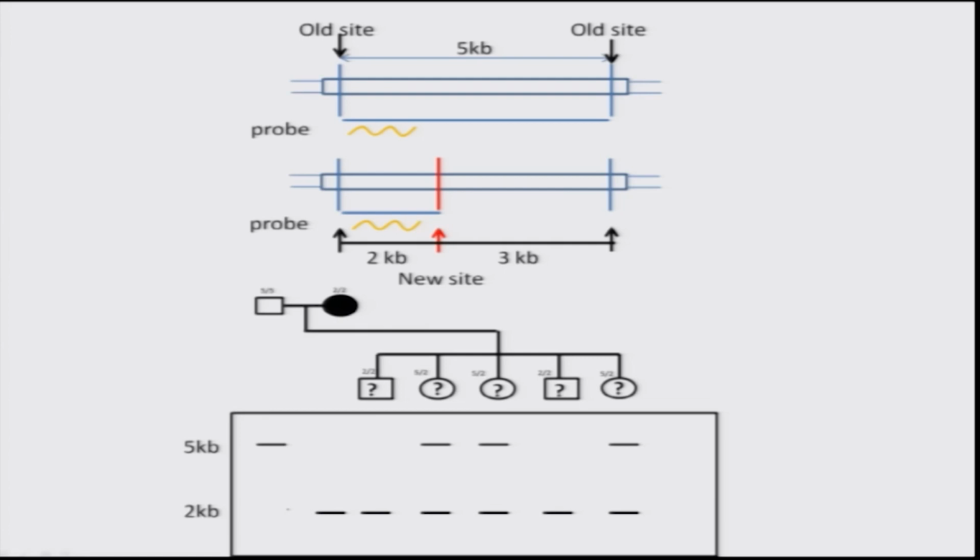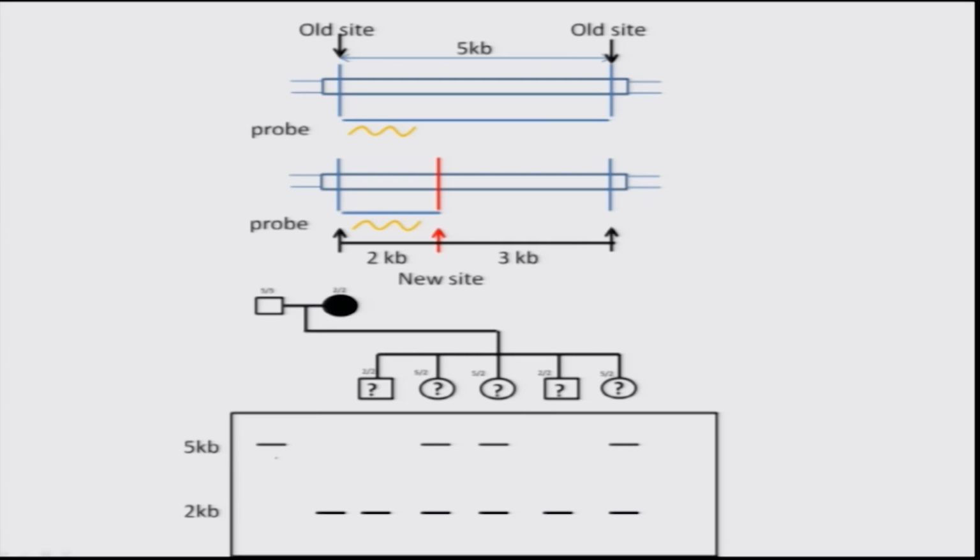If we look at the banding pattern from the autoradiogram that we got from the probe detection in southern blotting, the father gives a 5 kb band, which means that none of the alleles have the mutation which generates that new site, and hence there is only one single band. Both the alleles give the same size.